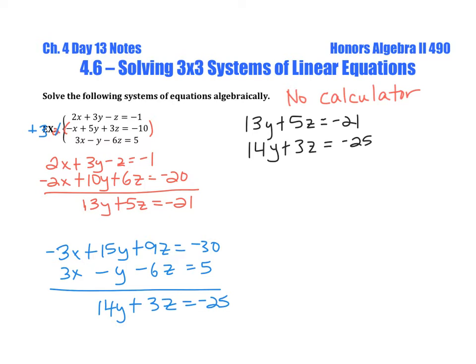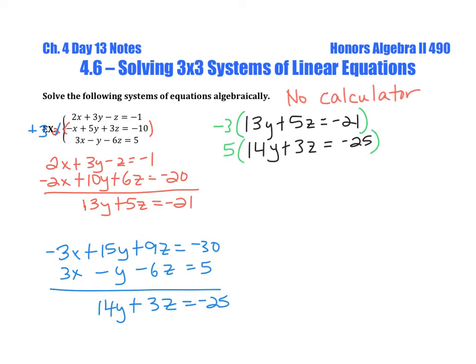You know how to solve a system when we have 2 equations and 2 variables. You've been doing that for a long time now. So to eliminate one of the variables, and again, it doesn't matter which one, but I think I'll focus on eliminating the z. I'm going to multiply the top equation by -3 and the bottom equation by +5.